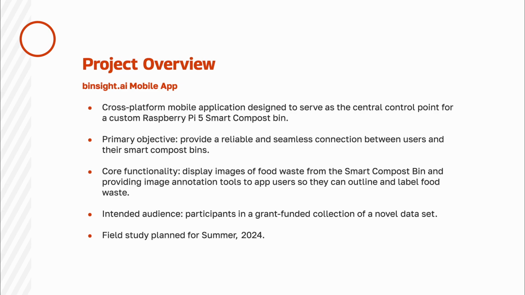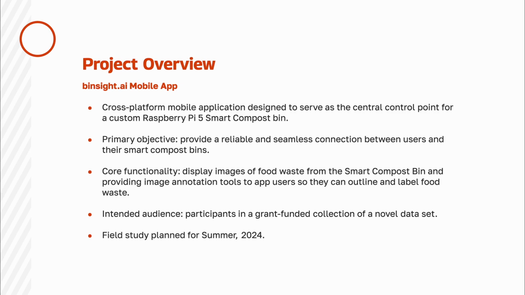These include bin internal temperature and humidity, CO2, the weight of composted food items, thermal imaging depth maps, and VOCs. As a part of this larger project, we created the mobile BinSight.ai app to provide a reliable and seamless connection between users and their smart compost bins during a field study planned for summer of 2024.